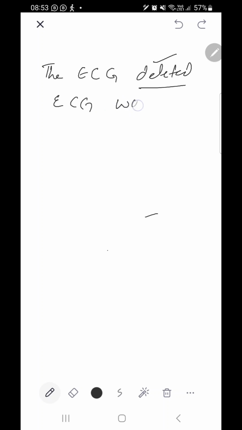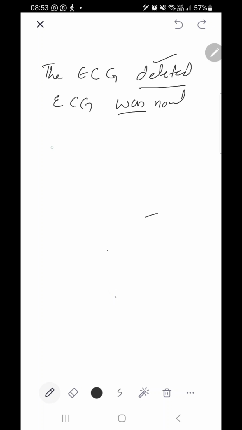Now, if we have some investigation or some readings for some test, we can write it down in the past tense once again. Let's say the ECG detected, like again the past tense. Yeah, ECG was normal in the past tense, right?